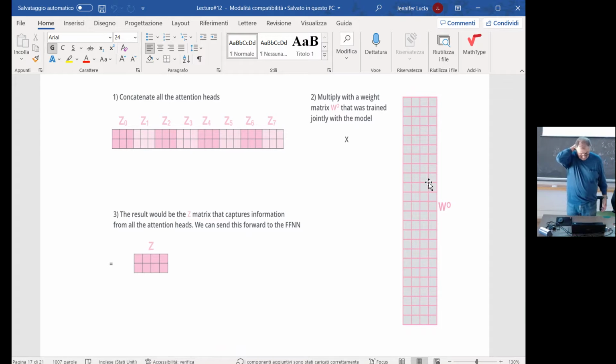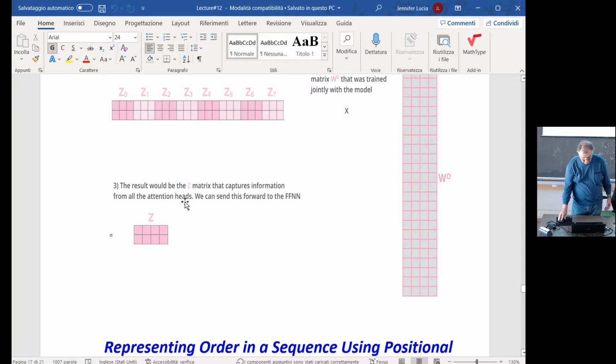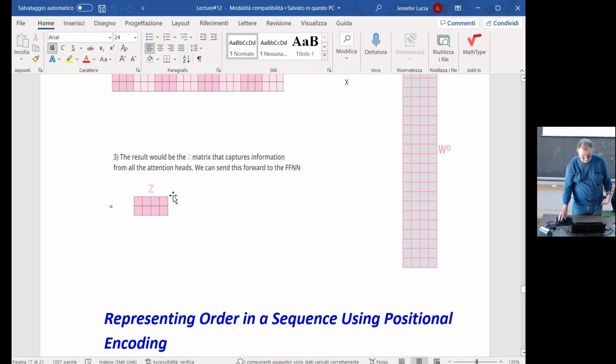Yes, it is a weight matrix. And then the result would be a Z matrix that captures information for all the attention heads. So we can send this forward to the feed forward neural network.